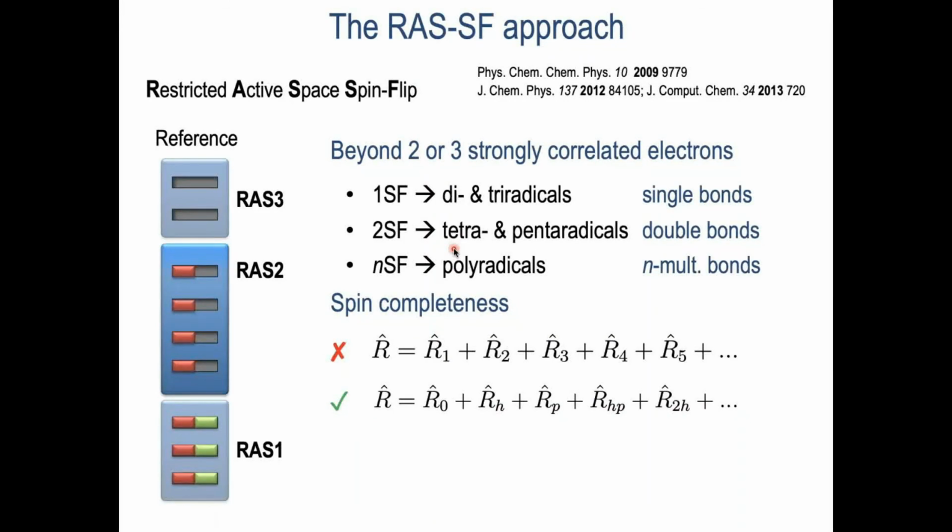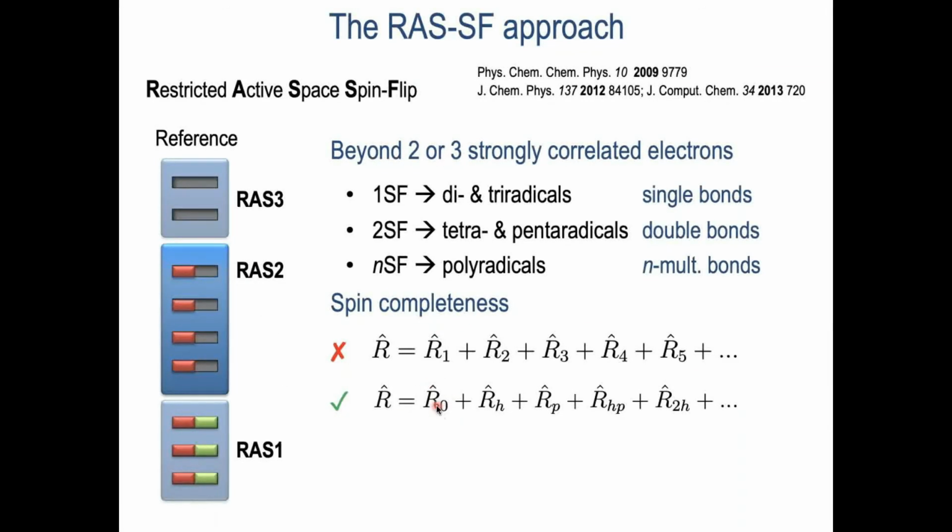And another nice property is that our wave function is by definition spin complete. So there will be no spin contamination. And the reason for that is how we have expanded the excitation operator. Instead of expanding the excitations in terms of singly, doubly, and so on, the number of excited electrons, we do that with respect to the RAS2 space.